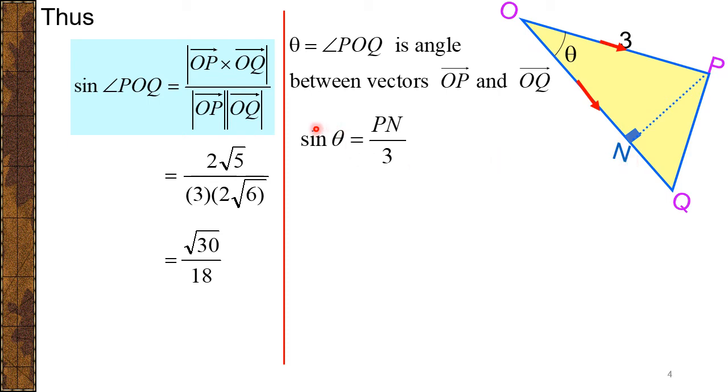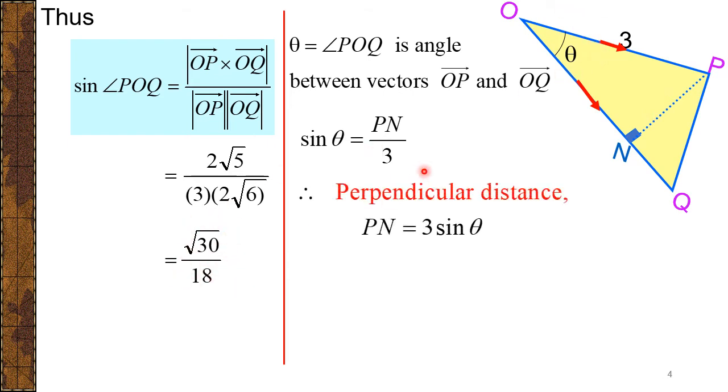Since we already know sine theta from the previous question, and sine theta is opposite over hypotenuse, straight away we can find PN. So PN over 3 equals sine theta, and sine theta is root 30 over 18. So the perpendicular distance, that is PN, is 3 times sine theta.